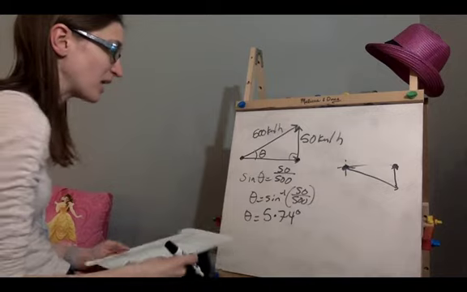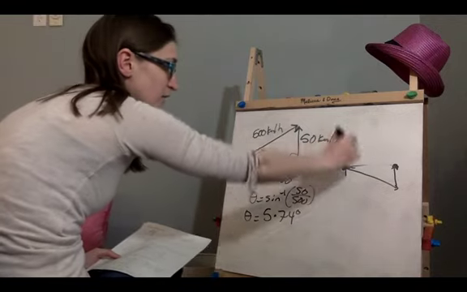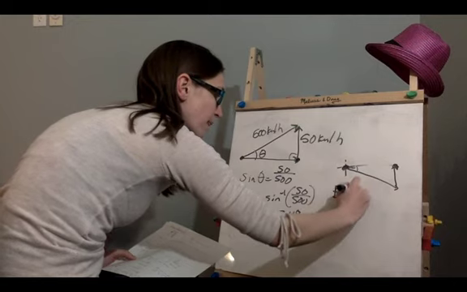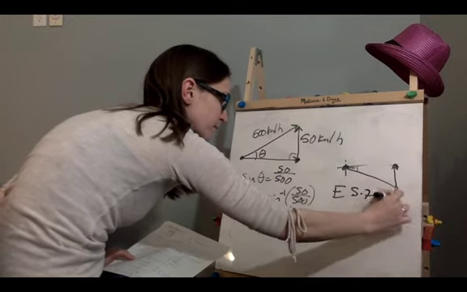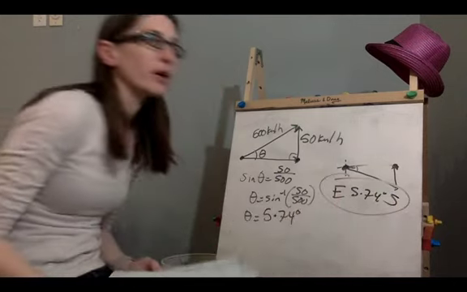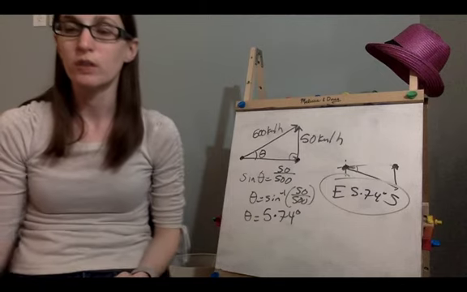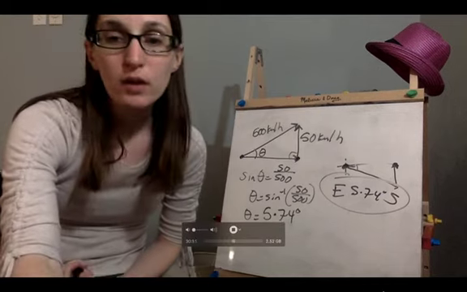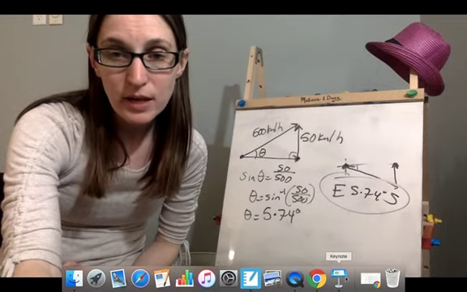So because of that, the plane should head east 5.74 degrees south. Right? That should be the bearing that the plane wants to go in order to get exactly east. Okay? Let's see what part B was asking us for this one.